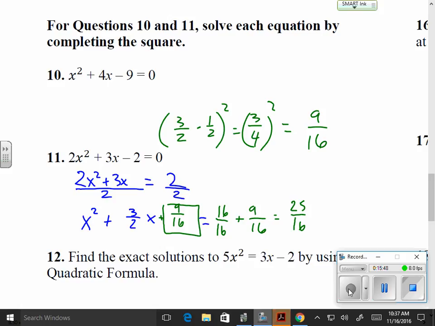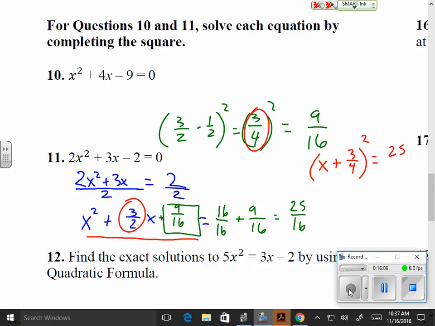And then this left side factors into x plus half of 3/2, which is 3/4. So (x + 3/4)² is equal to 25/16. Take the square root of both sides, and I'm left with x + 3/4 equal to plus or minus 5/4.